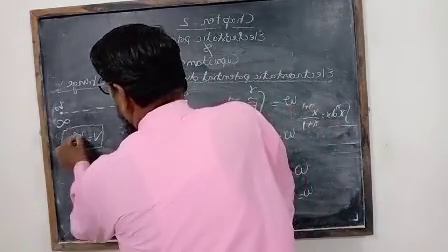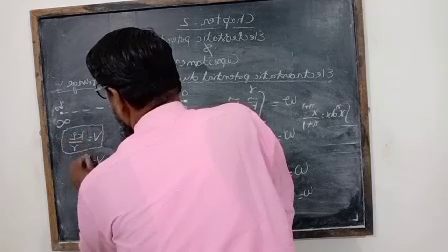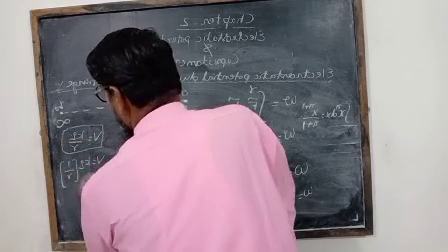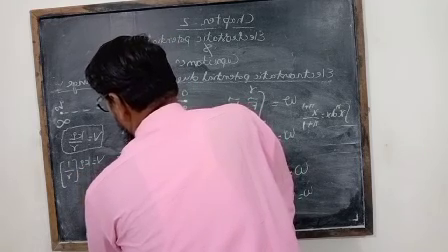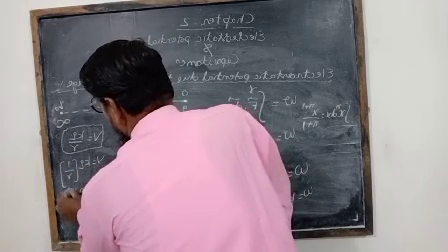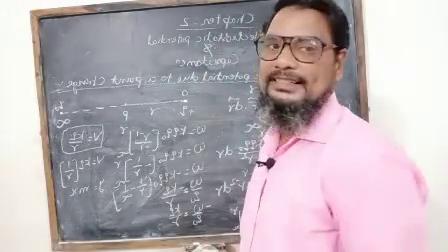And here, V is equal to KQ into 1 upon R. This is like the formula Y is equal to M into X, which means a straight line.